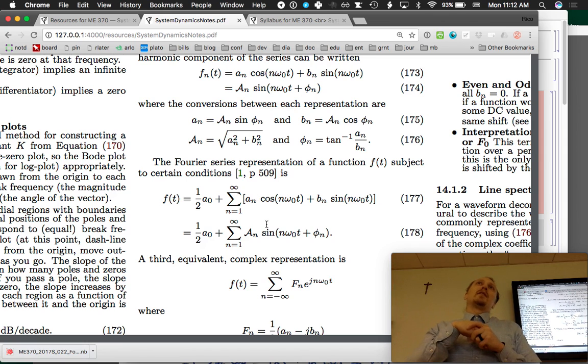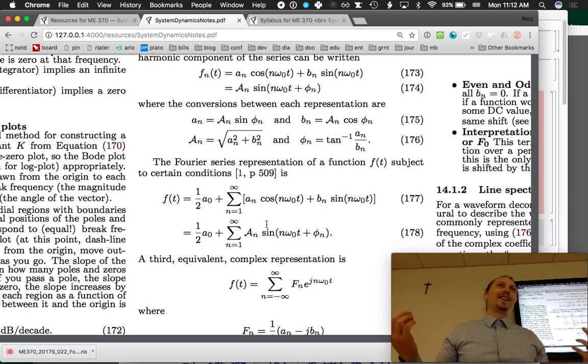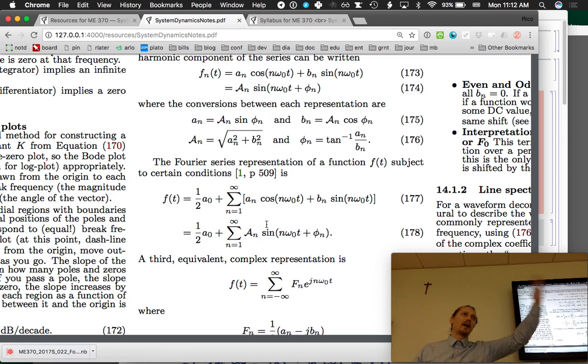Well, what we're going to find is we can essentially look at the response of any periodic function as being a sum of sinusoids, and therefore we can use our frequency response function, which we've been talking about quite a bit, not just for sinusoidal inputs, but for any periodic input. Okay? And then we're going to go one step further. We're looking ahead here to after spring break.